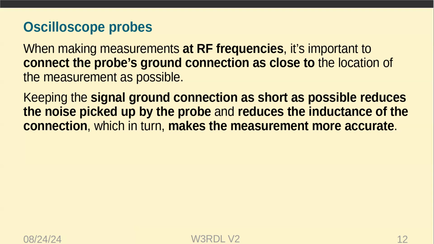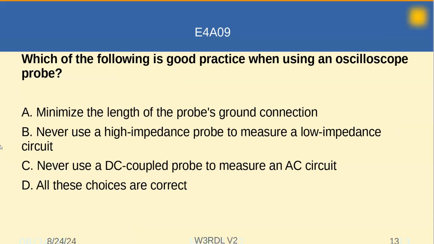In some cases it's like 2 pins, because at the higher the frequency, that becomes a fraction of the wavelength. So it does affect the measurement. And the longer it is, the more it will pick up stray noise on that little loop. Which of the following is good practice when using an oscilloscope probe?